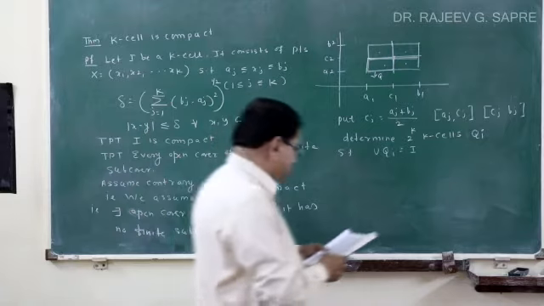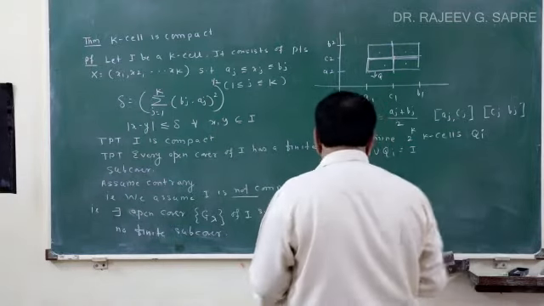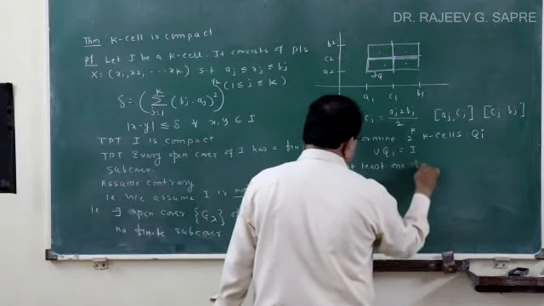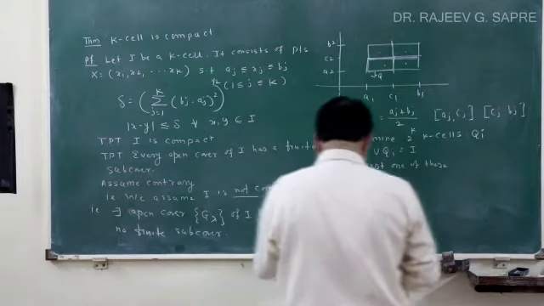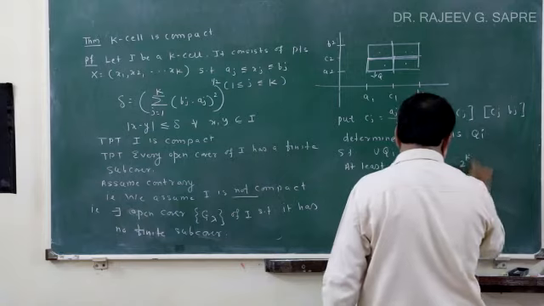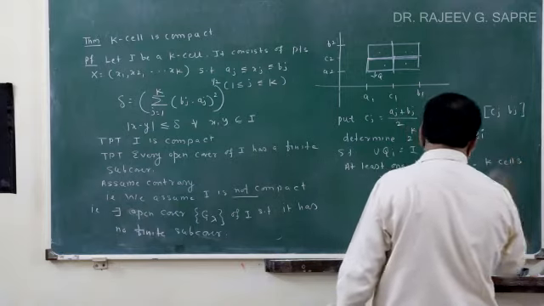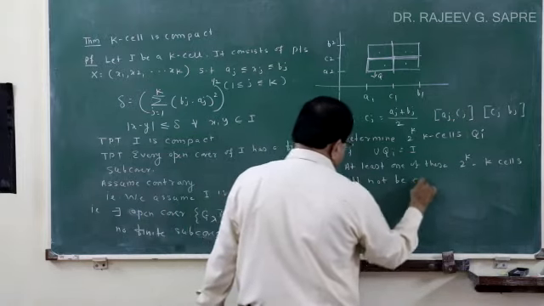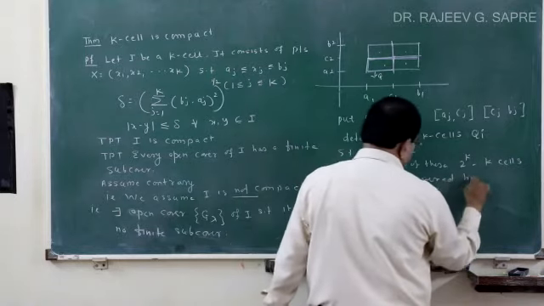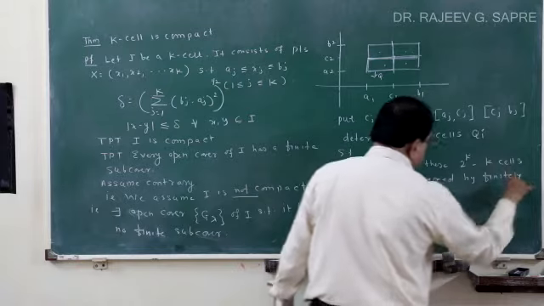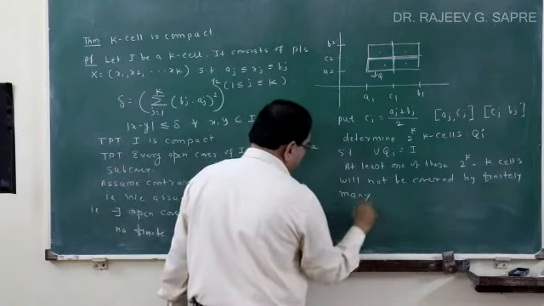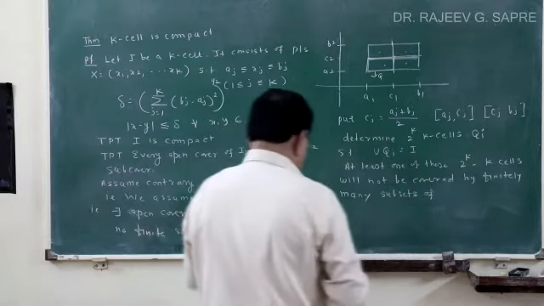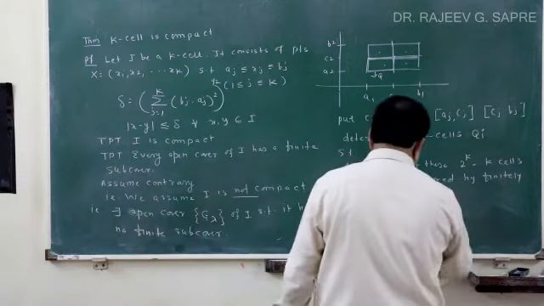So what we will say now is this: at least one of these 2 raised to K cells will not be covered by finitely many subsets of G lambda.